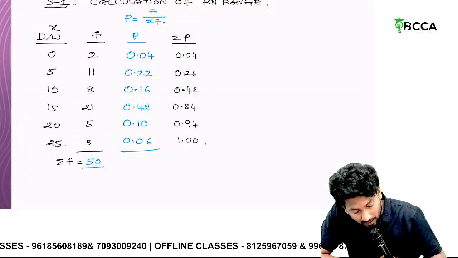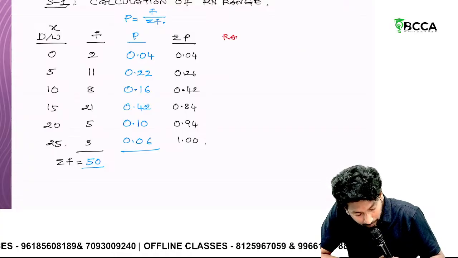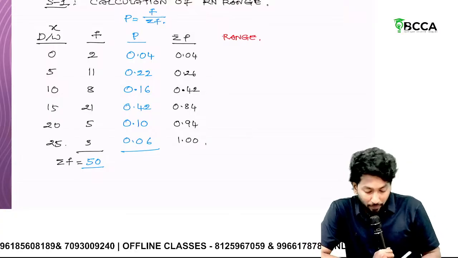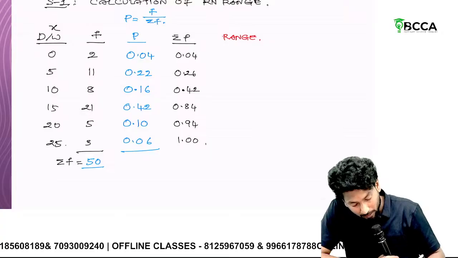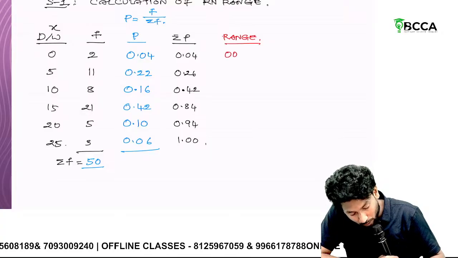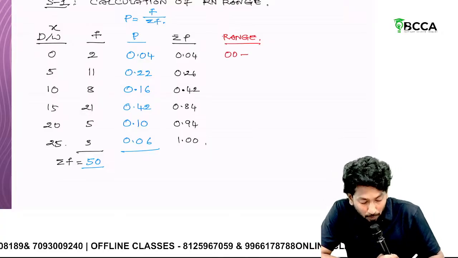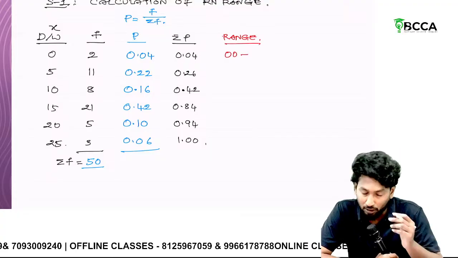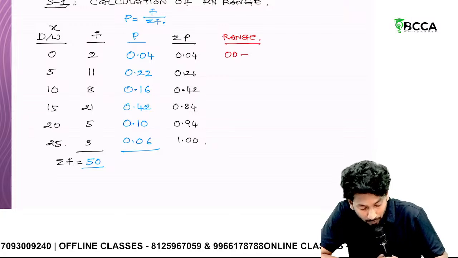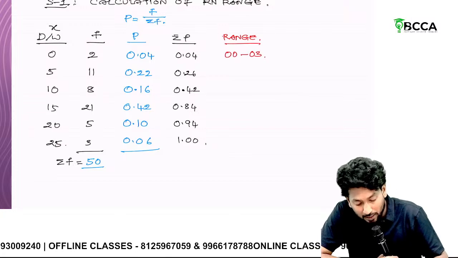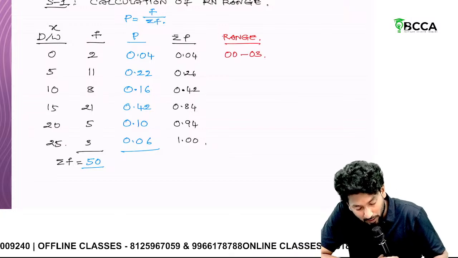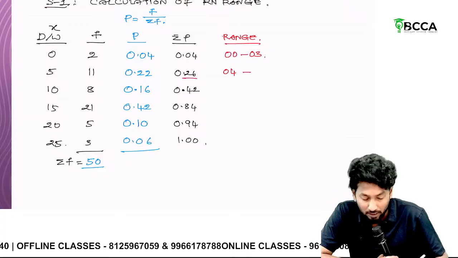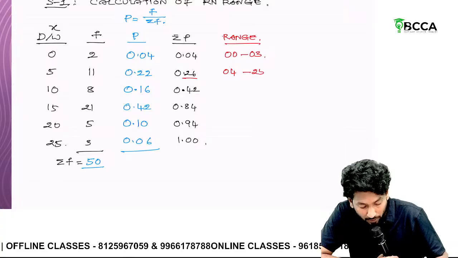Now let's write the range, sir. The range for the first decision variable 0: starting with 00, what is the probability, sir? 4. That means we have to assign 4 numbers: 00, 01, 02, 03. As we ended with 03, start with 04. Next, we have 26 cumulative, so that is 25.